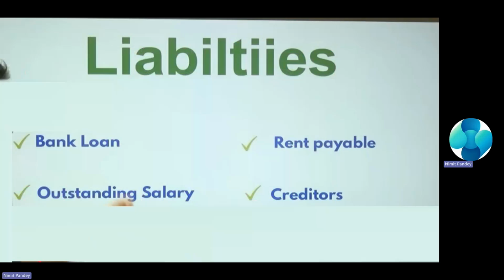So the bank loan is my liability, rent payable is my liability, outstanding salary, creditors, meaning vendors, because we have to pay the vendor. So these all are our liabilities. Means dues. If our bank loan, rent payable, and salary are dues, they are our liability and we have to pay them.